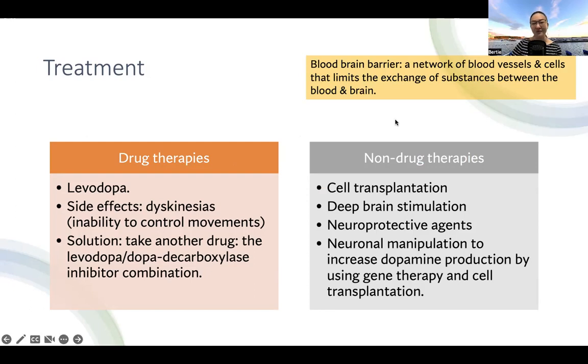There are also non-drug therapies, for example, cell transplantation, deep brain stimulation, neuroprotective agents, and neuronal manipulation to increase dopamine production by using gene therapy and cell transplantation.